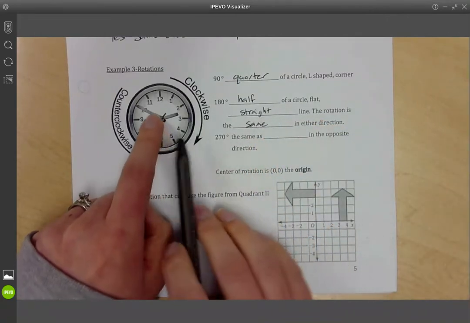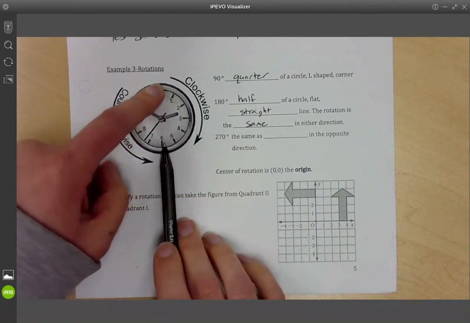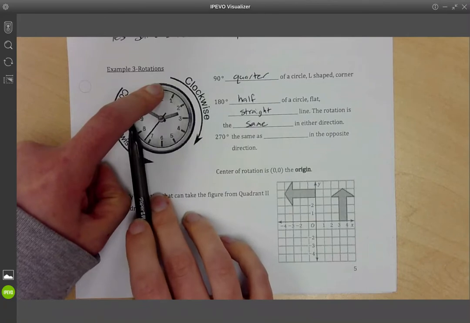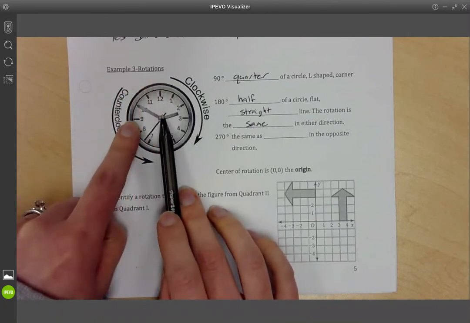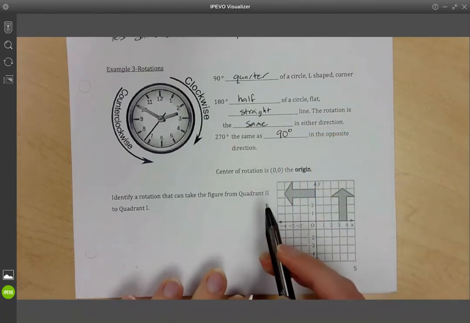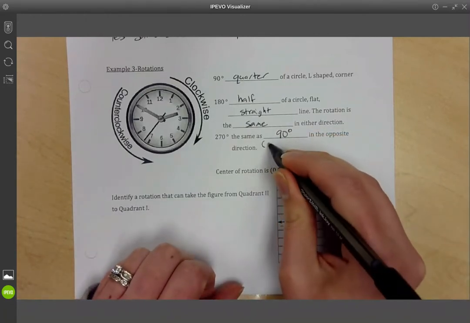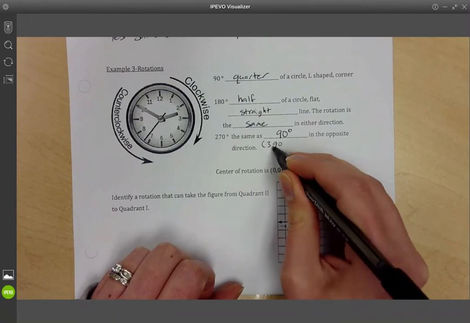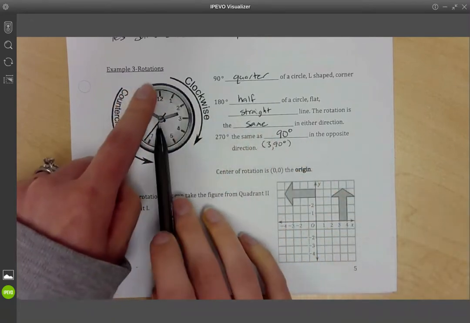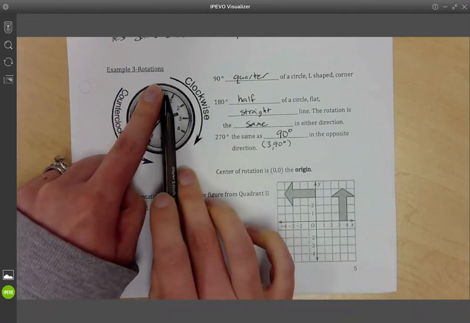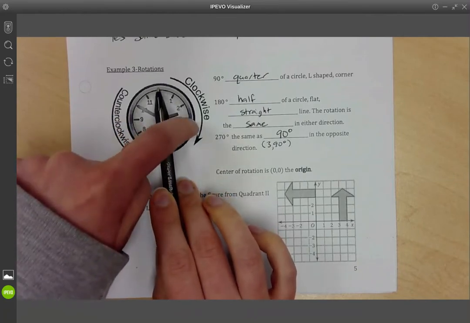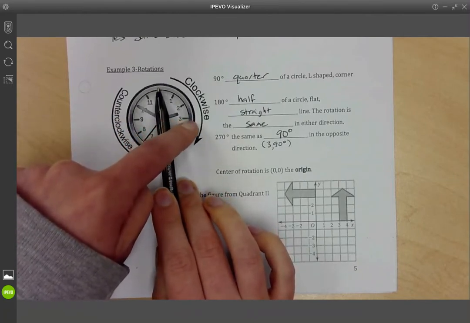And 270 would be three 90-degree turns. So three 90-degree turns is the same as if I had just gone 90 the other direction. So I can go 90 clockwise, which is the same as 1, 2, 3 counterclockwise.